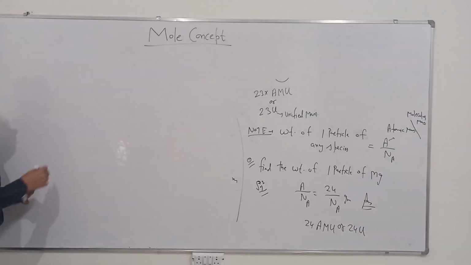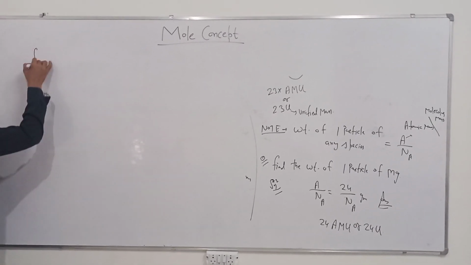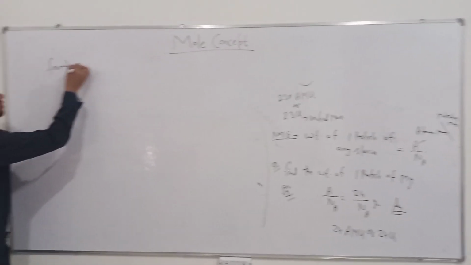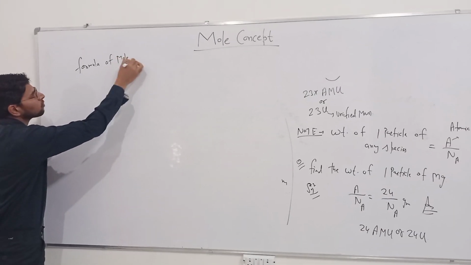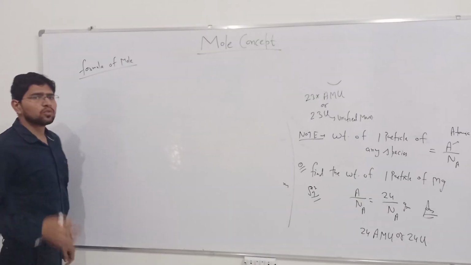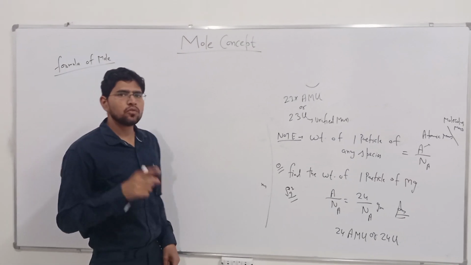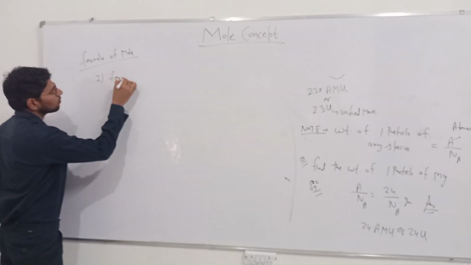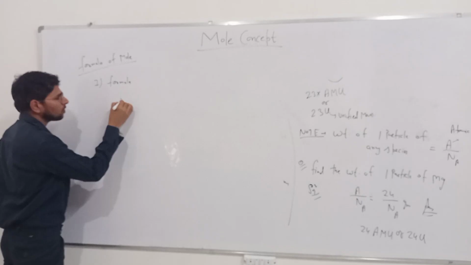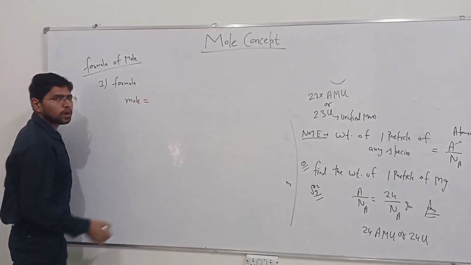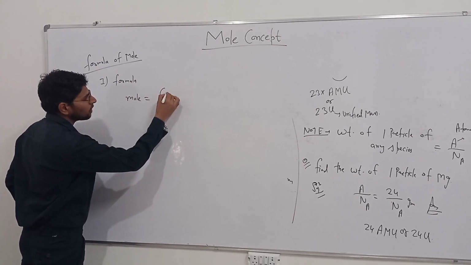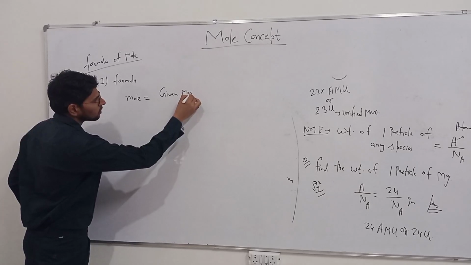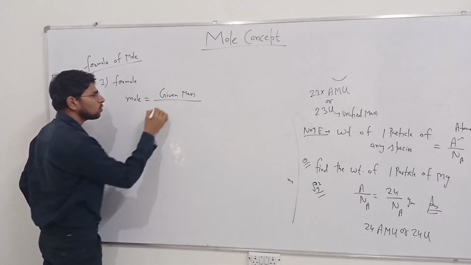Now, next we are going to start the formulas of mole. We have three formulas. Now we are studying the first formula of mole. Mole is equal to given mass divided by molar mass.